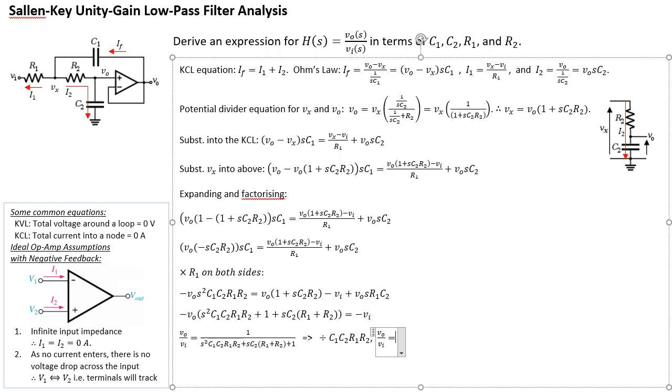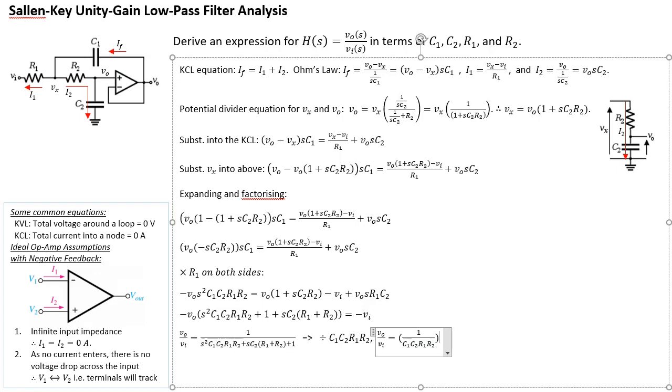Is going to be equal to what? Well, the top part is going to be 1 divided by C1, C2, R1, R2. So that's going to be the top part.